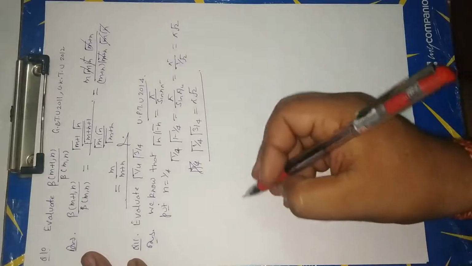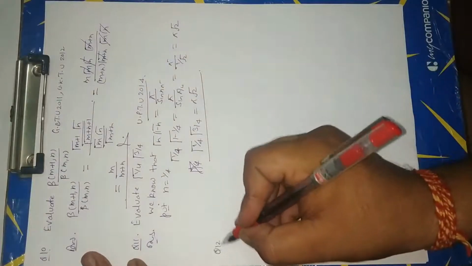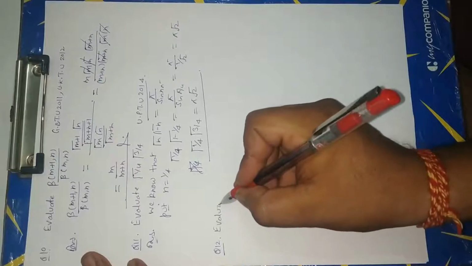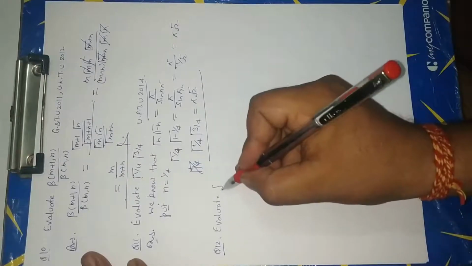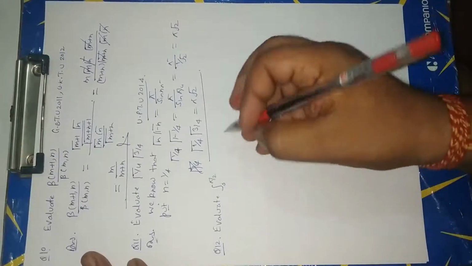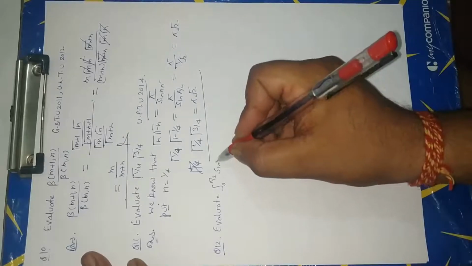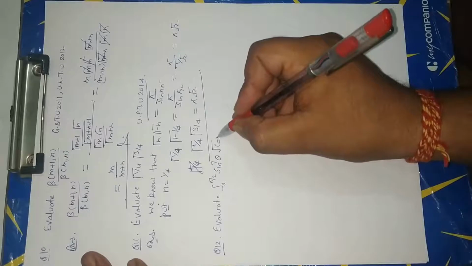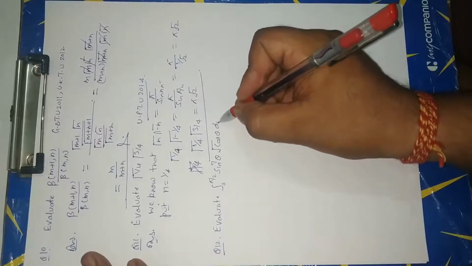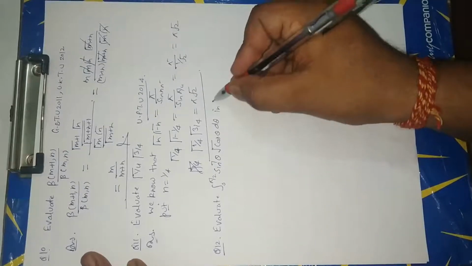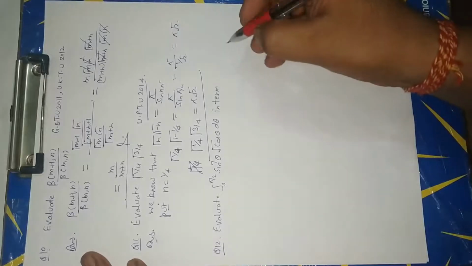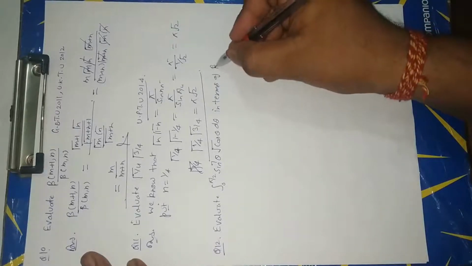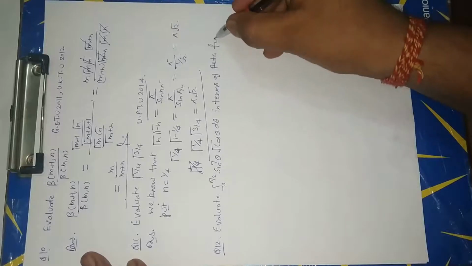Question number 12. Evaluate the integral, limit 0 to pi by 2, of sin to the power 7 theta under root cos theta d theta, in terms of the beta function.